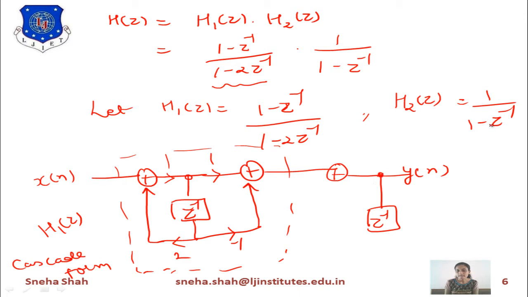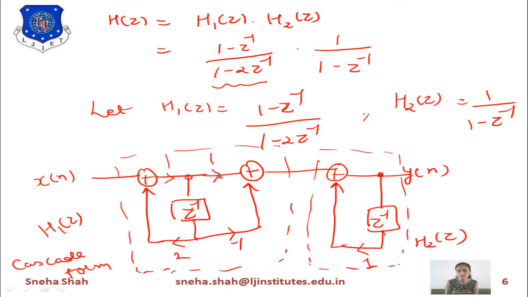In the denominator the sign changes, so instead of minus 1 we put 1. This is h2 of z, and the multiplication of h1 of z with h2 of z gives the final h of z. This represents the cascade form structure.